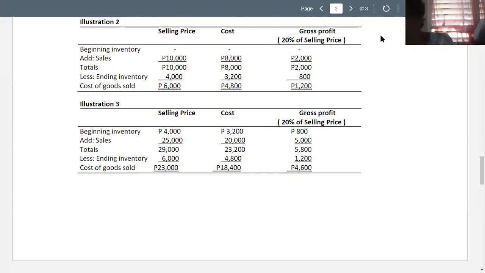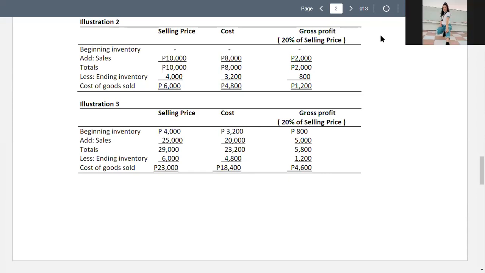By the way, for the elimination entries on December 31, 2016, which we did not have. The elimination entries on December 31, 2016: number one is to debit sales by 10,000 and to credit cost of goods sold by 10,000.